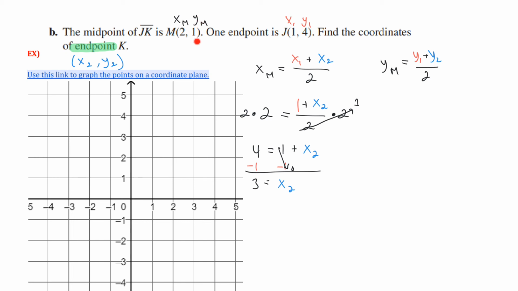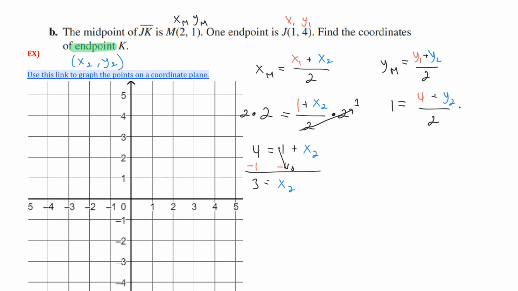We labeled it. It is 1. So I'm going to replace ym with 1. This will be equal to y1, which we labeled as 4, plus y2. We don't know this one, so leave it as y2. All of this gets divided by 2.